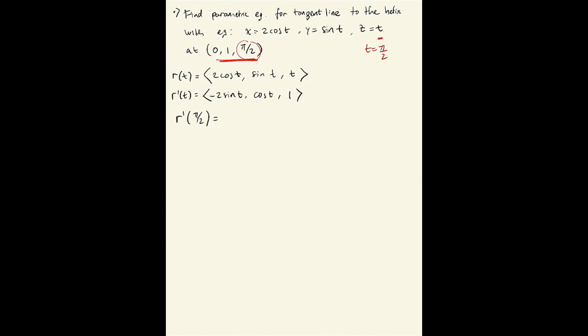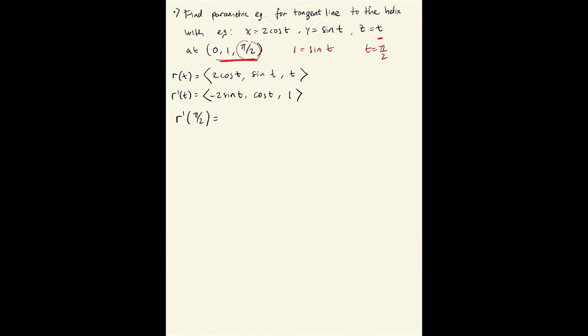Because 1 will be sine t. We have this vector function, right? The vector function is 2 cosine, sine, and t. If you want to get 1, then in this case 1 should equal sine t, so t is pi over 2, right?